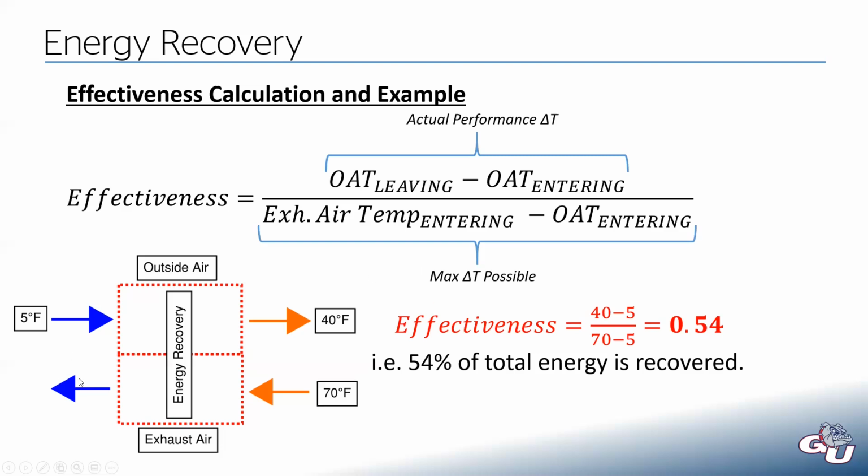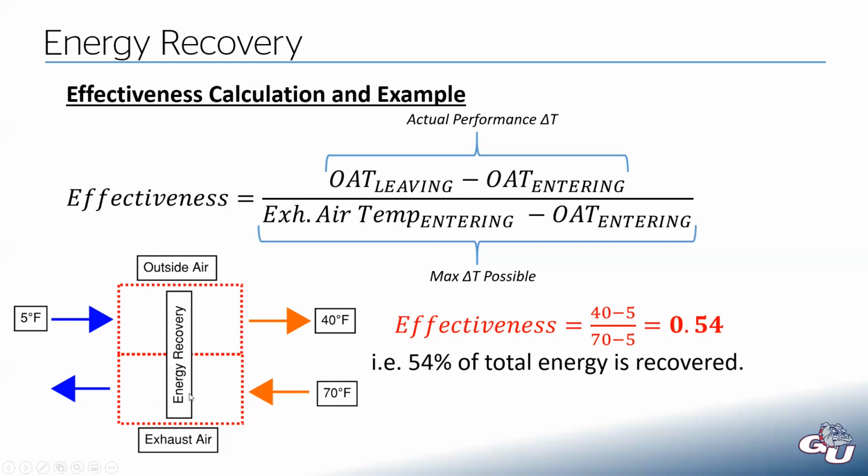You can also see the leaving air coming out of the exhaust side doesn't really play into this equation. If these two air streams have the same airflow, which they usually do, but not always, let's say both air streams are 2000 CFM, the delta T on the outside air side will equal the delta T on the exhaust.